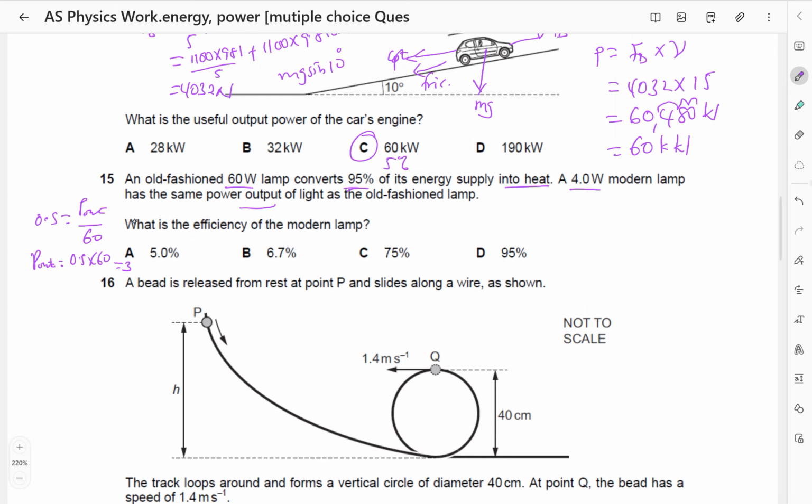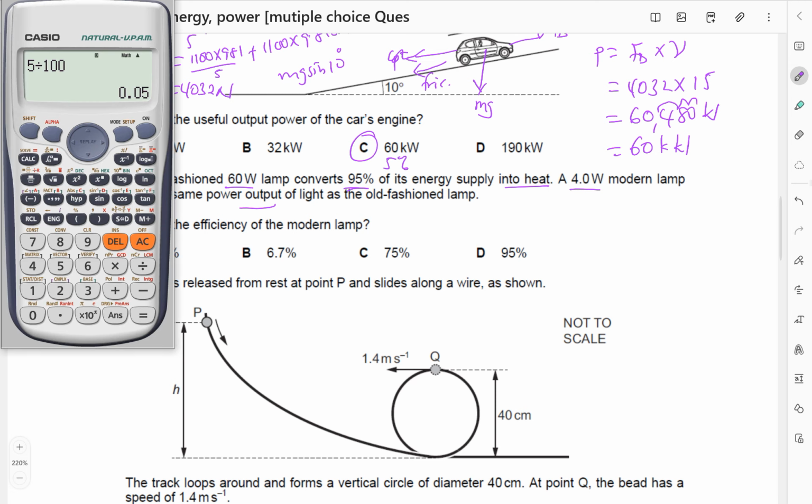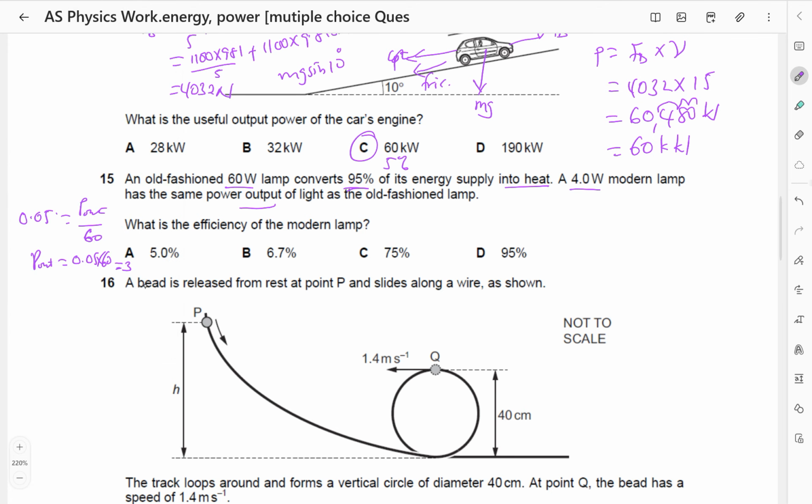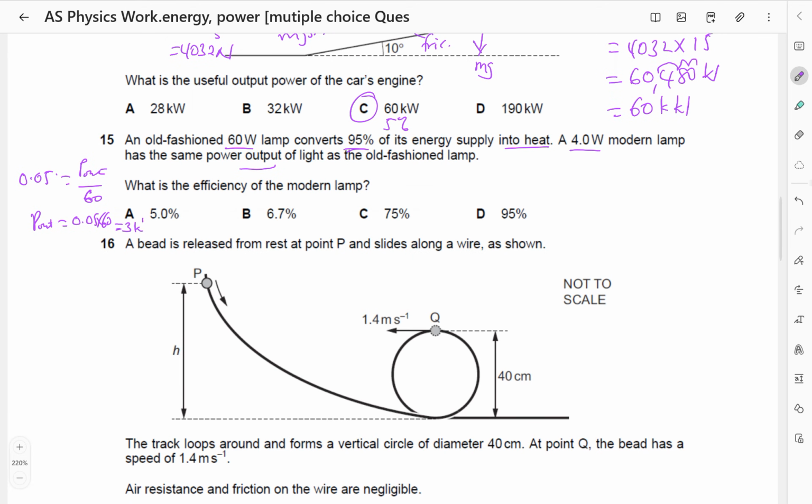So this is 5%, which is 0.05. So 0.05 equals the power output over 60. So power output is 0.05 times 60, which is 3. So the power output is 3 watts.